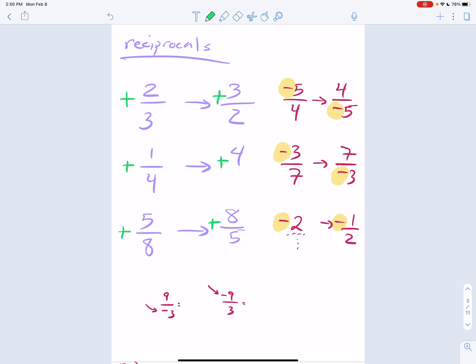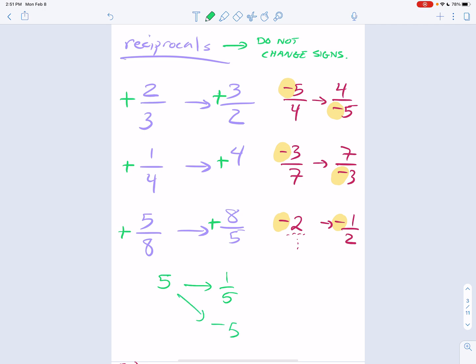Okay, so look, reciprocals do not change signs. There's a unique word for that in math. We call it opposite. So it's important that you guys don't get these two words mixed up, because, for instance, the reciprocal of 5 is 1/5, but the opposite of 5 is negative 5.